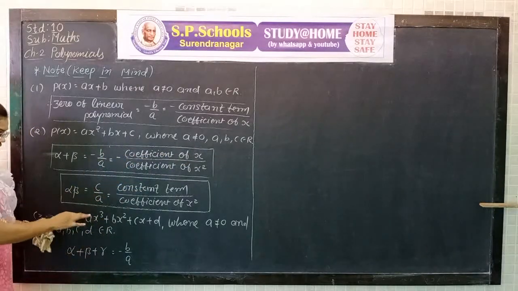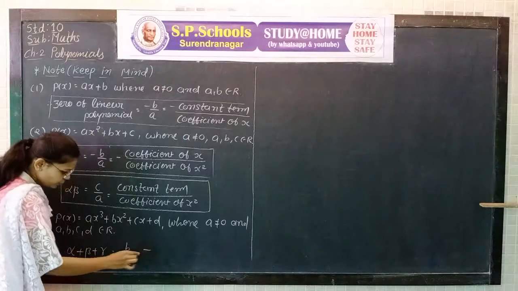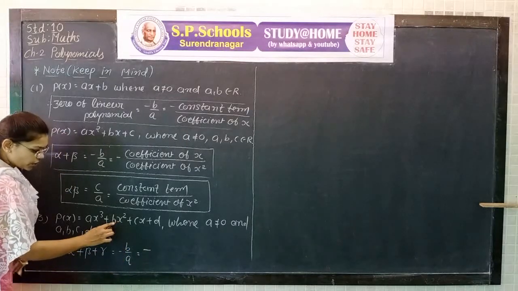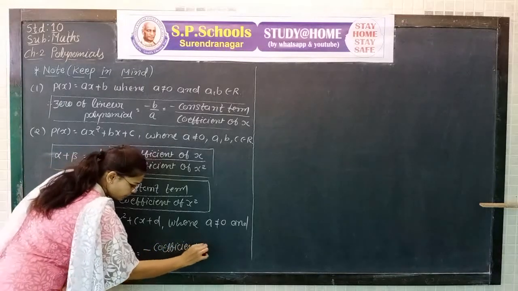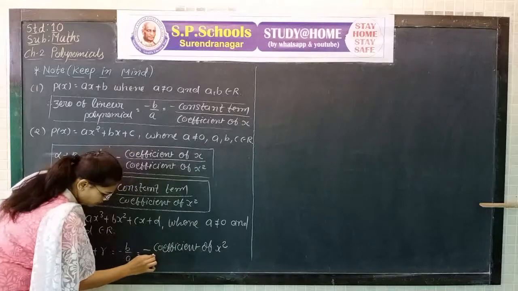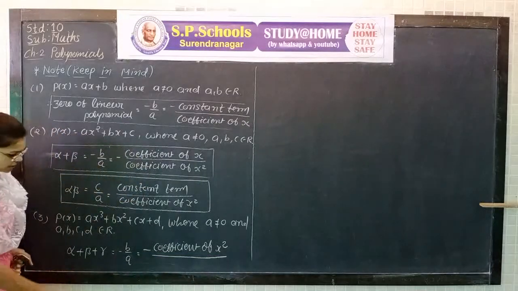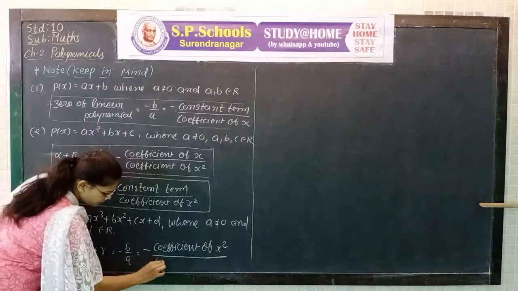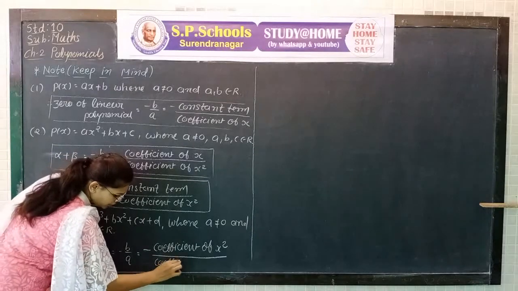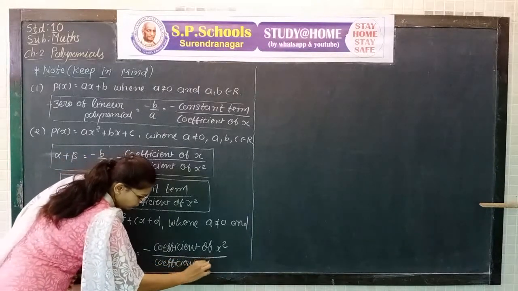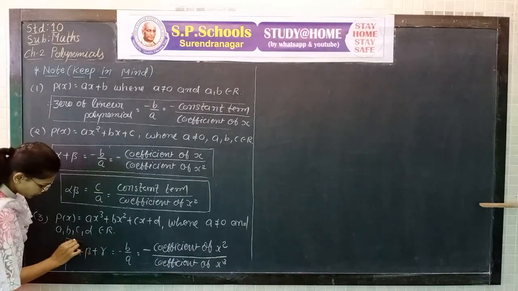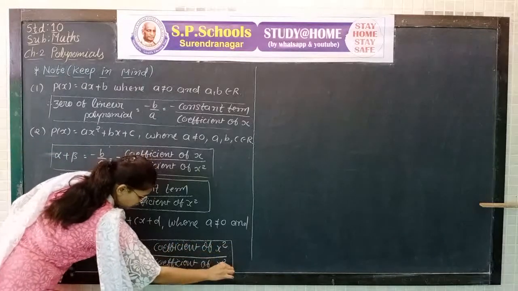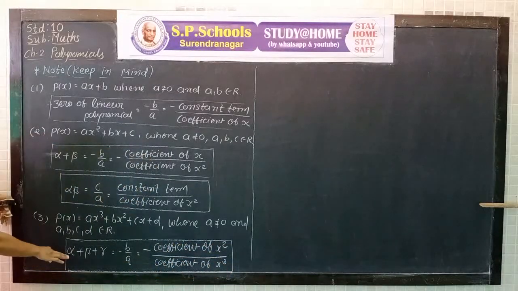It depends on our cubic polynomial: it is equal to minus, instead of b, the coefficient of x square, upon, instead of a, the coefficient of x cube. It is our first relationship between the zeros and the coefficients of cubic polynomials.